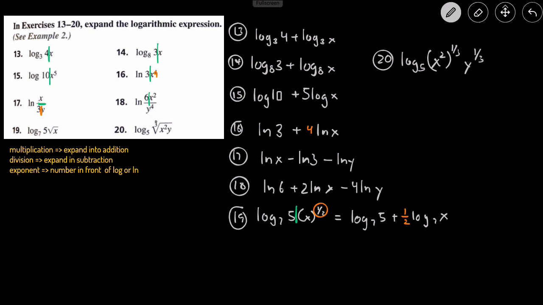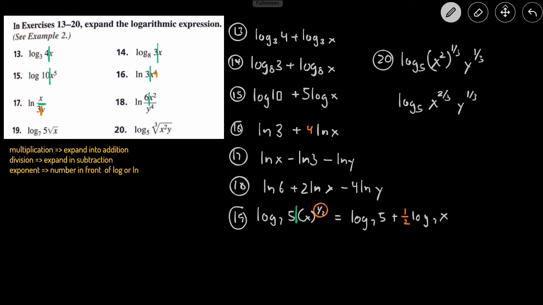So you're just distributing the 1/3 to the x and to the y. When you have one exponent raised to another exponent, you just multiply the two numbers together. So it'll be 2 times 1/3, which is 2/3, so x to the 2/3, and then this is y to the 1/3.